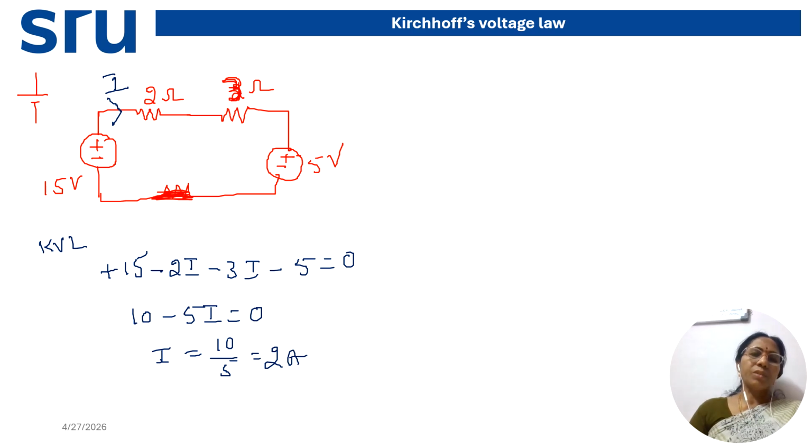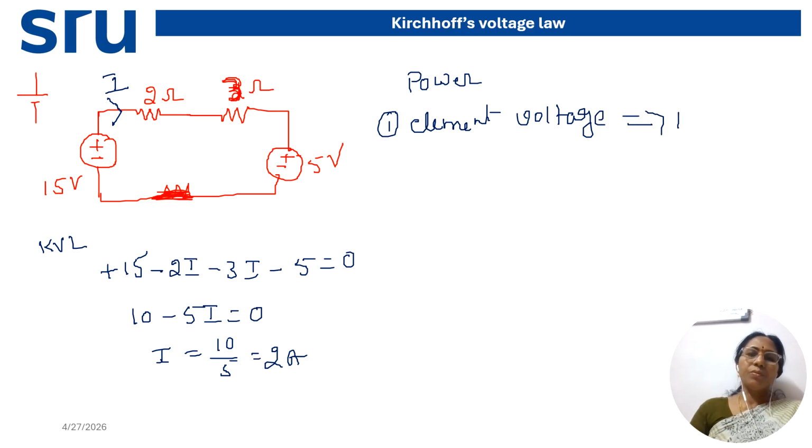So after getting this current, let us take the voltage. Now here our intention is not finding voltage, now we are calculating power across each and every element. The first element is the voltage source. What is the magnitude of this voltage source? 15 volts.